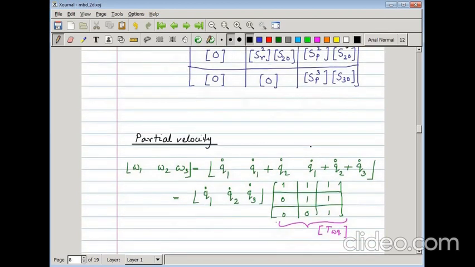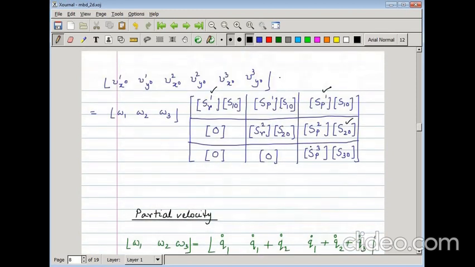So again, this is not VPD, because here it is in terms of omega 1, omega 2, omega 3. So you have to write it in terms of q1 dot, q2 dot, q3 dot, then comes your T omega q, and then this term will come.